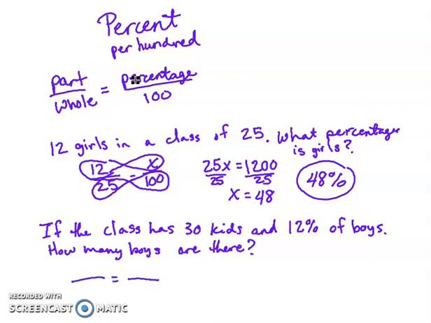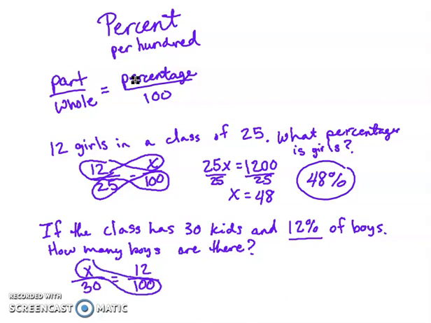So remember, one of my proportions is always the percentage. I have a percent of 12%, and that percentage is always going to be over 100 because percent means per 100. Then the 30 I have here is this part of the class or the whole class. Well, it's the whole class. I'm looking for what part of the class is boys. And then again, I'm going to cross multiply.